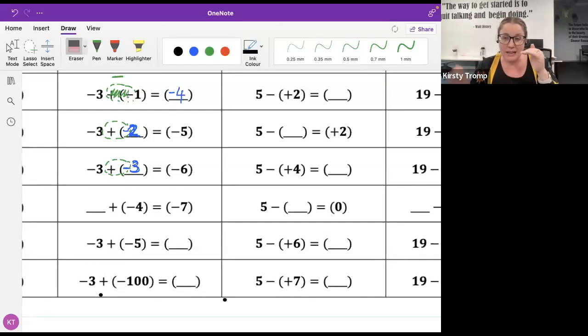When it's a negative sign and a negative sign, the sign will become positive. So when the two signs are exactly the same, the sign will become positive. When the signs are different, a positive sign and a negative sign next to each other, the sign will be negative.